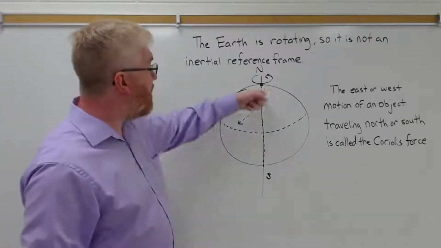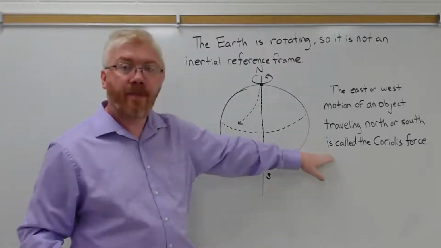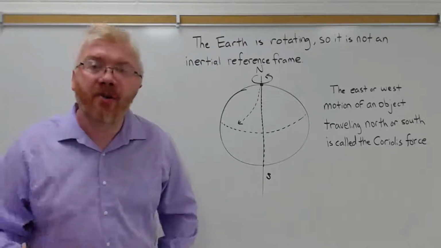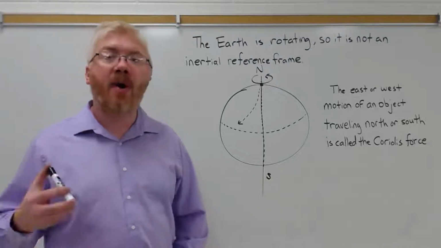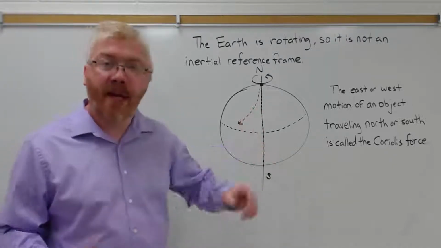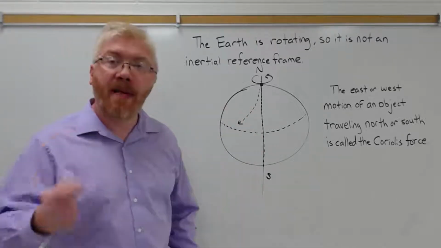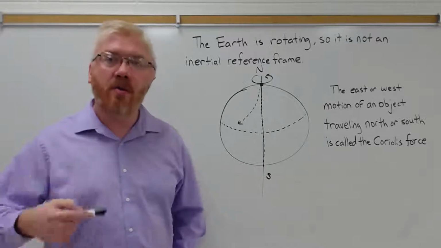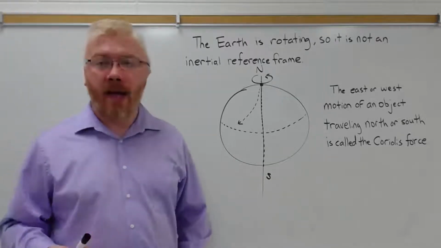This imaginary force is called the Coriolis force, the Coriolis effect. Now, even though it's a fictional force in that it doesn't really exist, it's a product of the Earth's rotation, it has effects. The fact that the Earth is a spinning ball and a non-inertial reference frame has real-world effects. One of those effects is hurricanes.